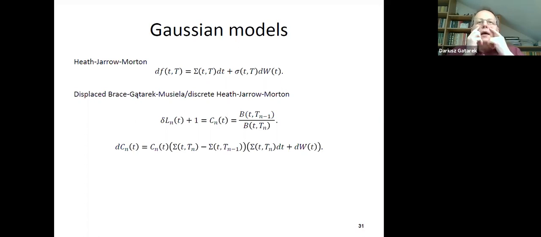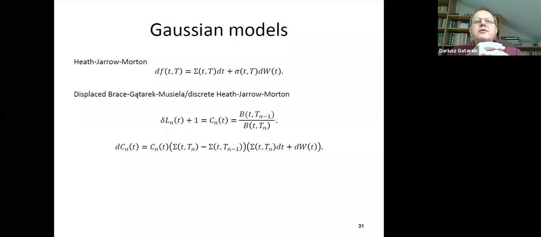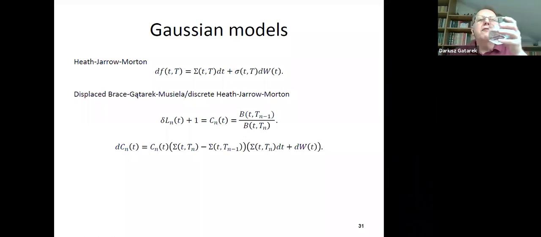So what does it mean, Gaussian models? This is, of course, the model where the distribution of forward rates is Gaussian. What does it mean?